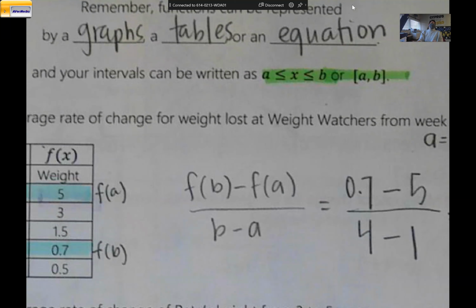And we're just going to do this as rise over run, or change in Y over change in X.